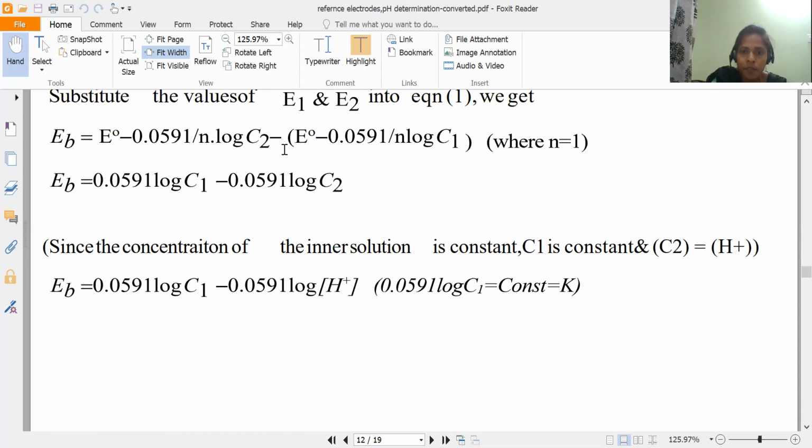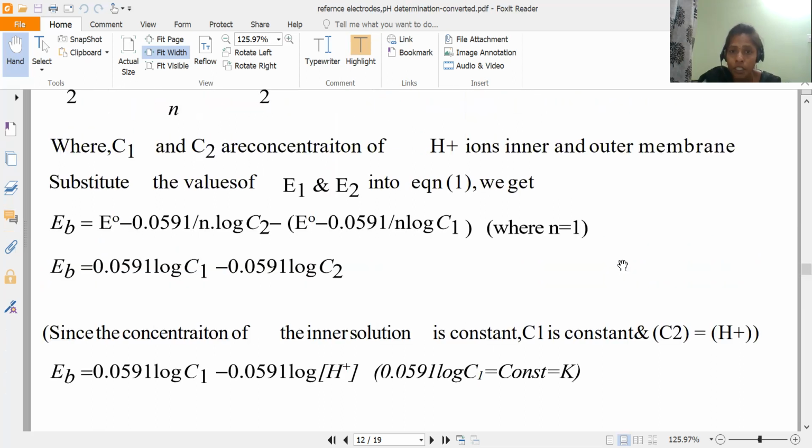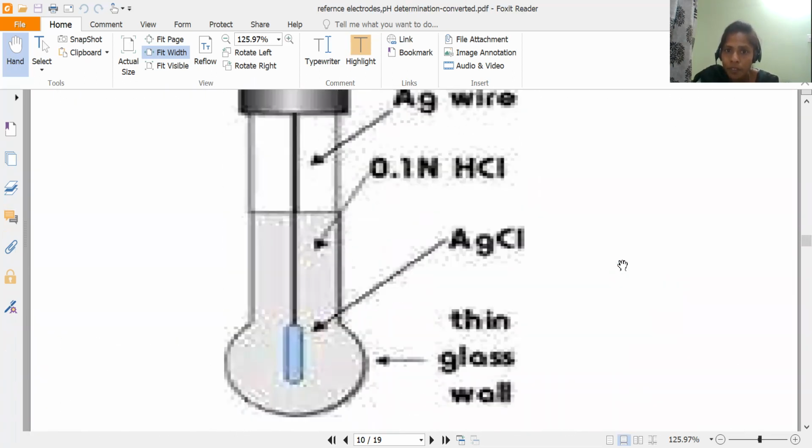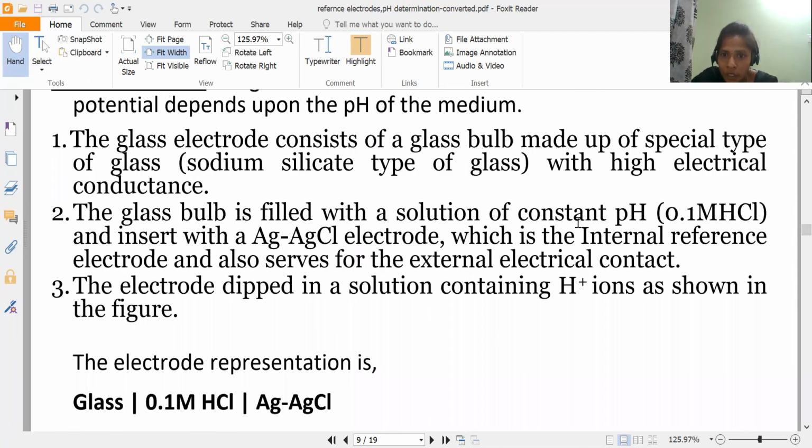But here, log C1 is always constant, but C2 is the external solution. External solution concentration is not constant. I said the internal solution is the constant pH solution, already explained. See here, what is the internal solution?